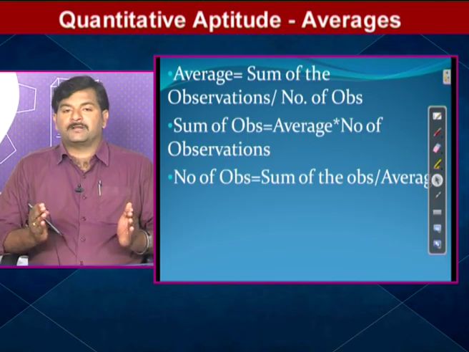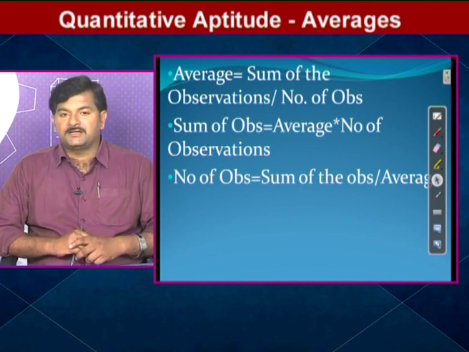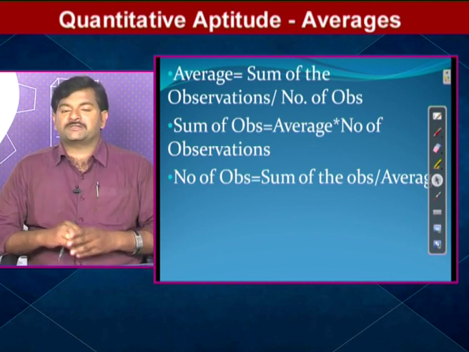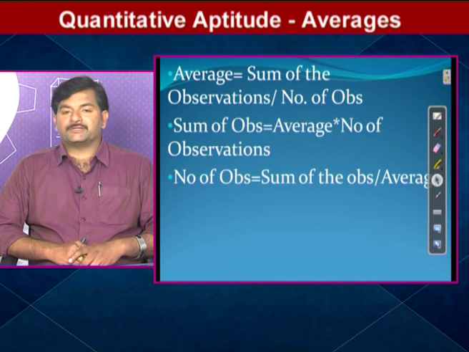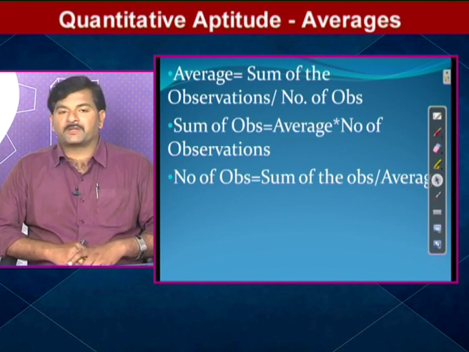We have to find out the sum of the observations, then how many observations are given. From the sum of the observations by number of the observations, you will get the average of that particular thing, whether marks or salary, etc.